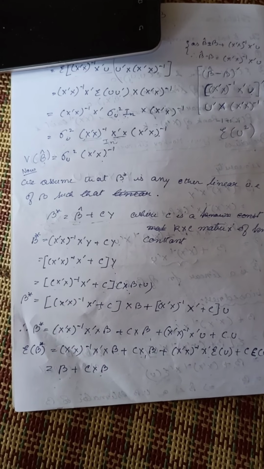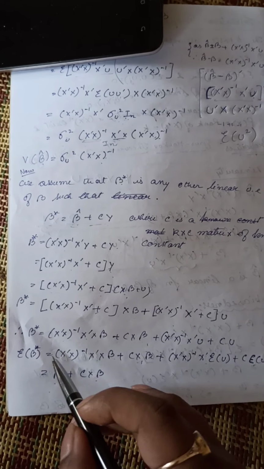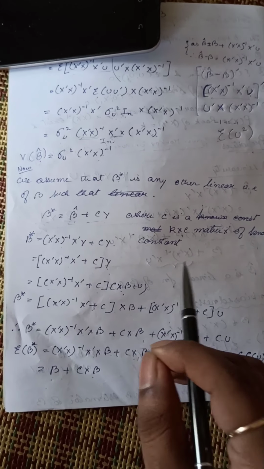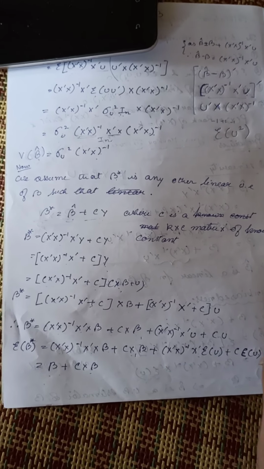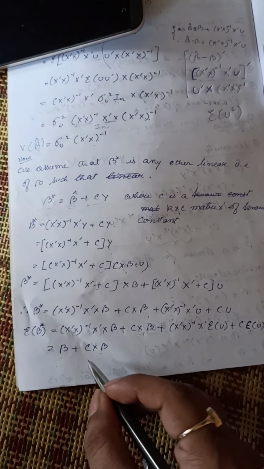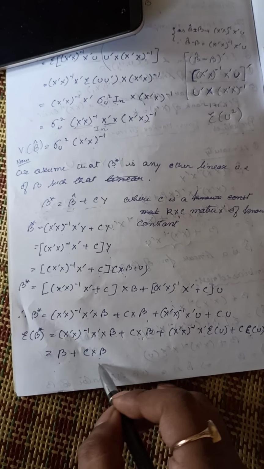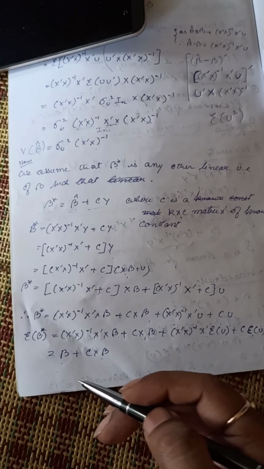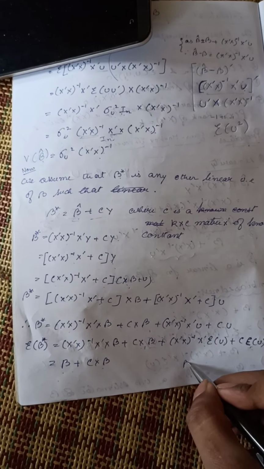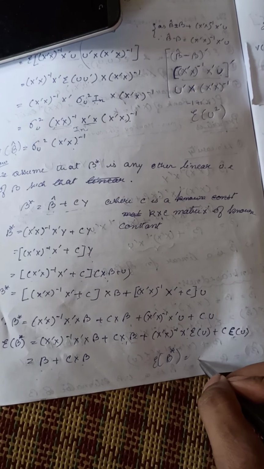Now we have already assumed that this beta star is linear as well as unbiased. Linearity is proved because the highest power of this term is 1, and for unbiasedness we have to prove that expectation of beta star should be equal to beta.